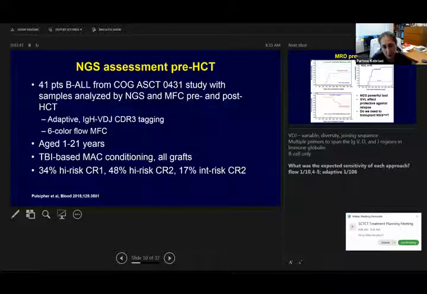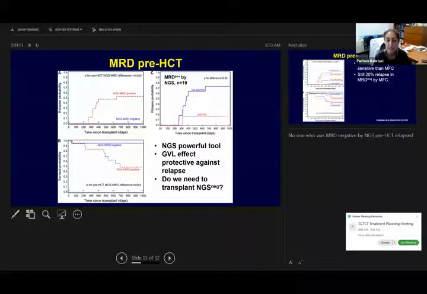The NGS method was using immunoglobulin variable chain rearrangement molecular techniques, and flow was 6-color flow in this study. All patients received a myeloablative radiation-based conditioning, and all the patients were either in first or second remission. And again, this study really nicely showed the impact of MRD both by flow and NGS.